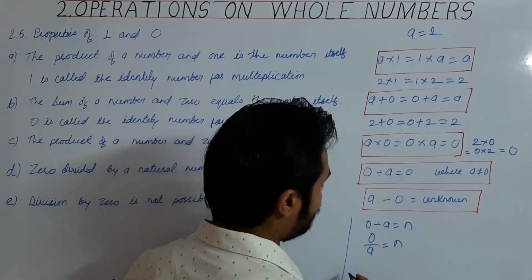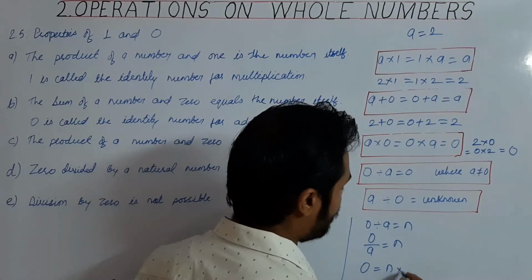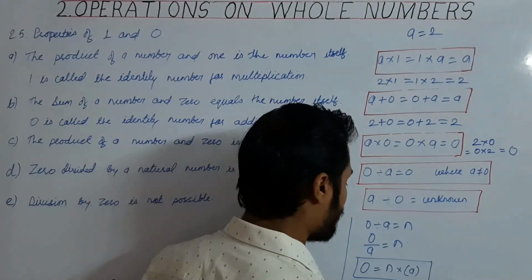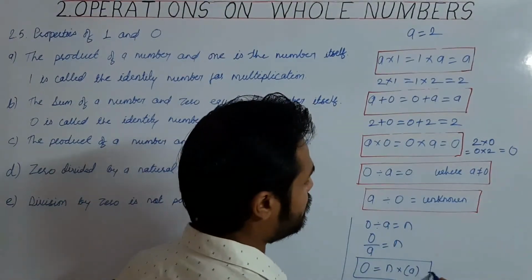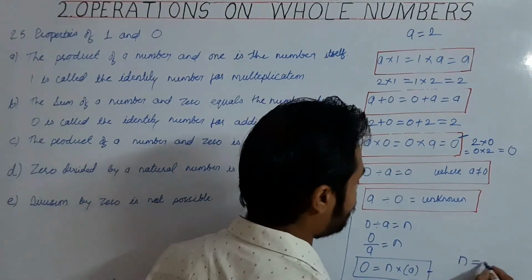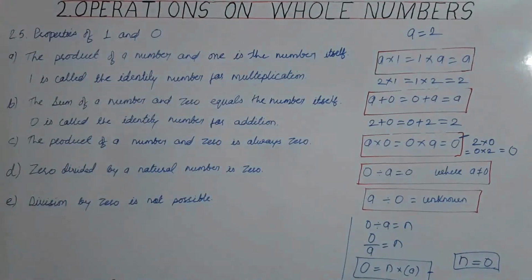Now using inverse of multiplication, we will write 0 equals n into a. Now by comparing this with the third property, we will get the value of n equals 0. So 0 divided by any number a equals 0.